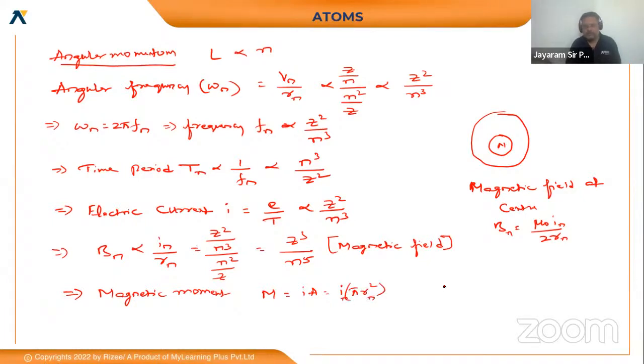So that means which is proportional to Z square by n cube and into Rn square, that is nothing but n to the power of 4 by Z square. So Z square will be cancelled. So magnetic moment is proportional to n. It does not have any sort of an impact of Z in this particular relationship. So these are all the different relationships of the situation.